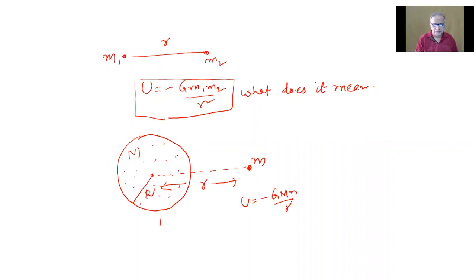What does it mean? You need to apply our definition and check it. What it means is, it is bound to the attraction of the Earth with so much energy. It's at rest, you think.